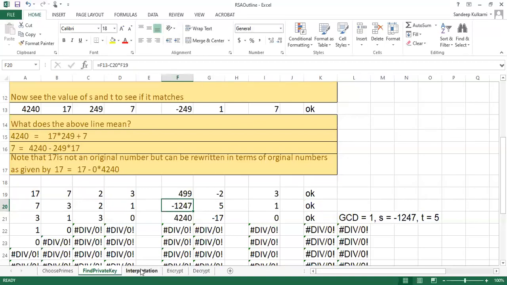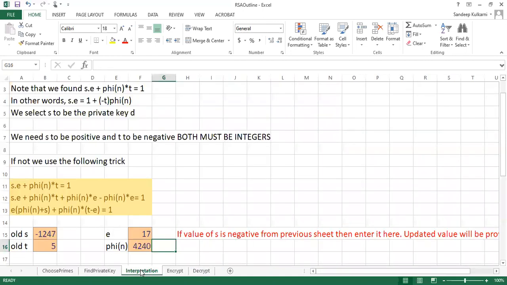So let's focus on the interpretation of that. That's in the third sheet over here. So what we have here is we have found the value of s and the value of t such that s times e plus phi of n times t is 1.